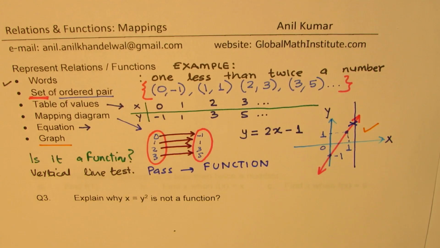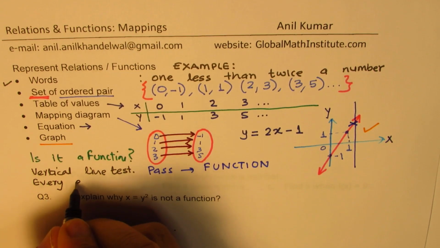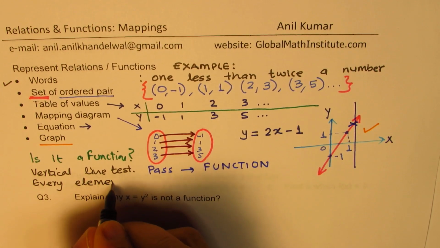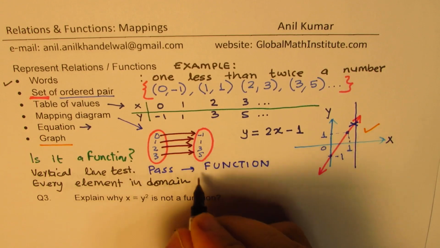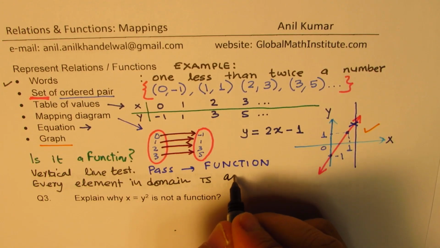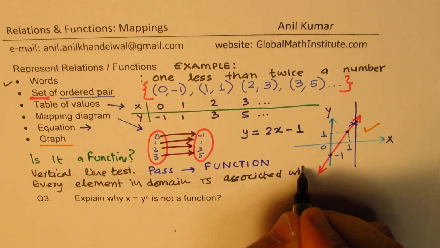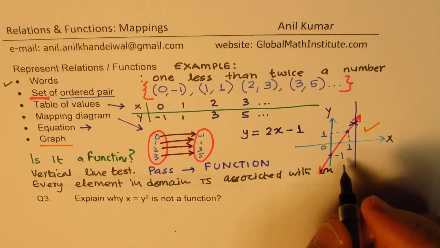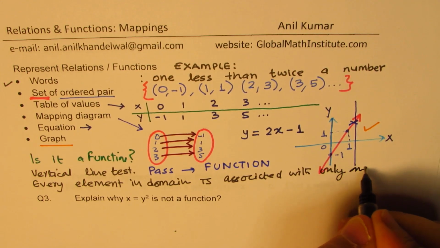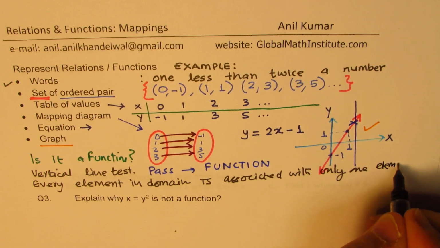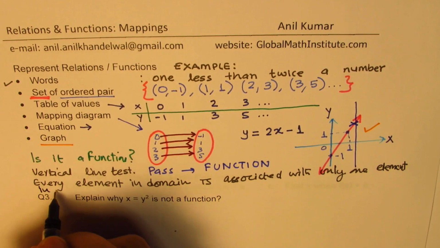So what we notice here is that every element in the domain is associated with only, or uniquely, one element in the range.